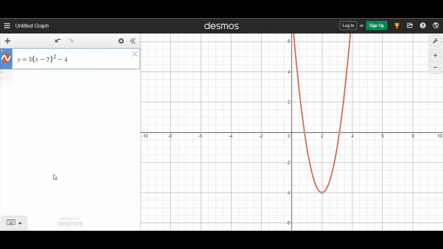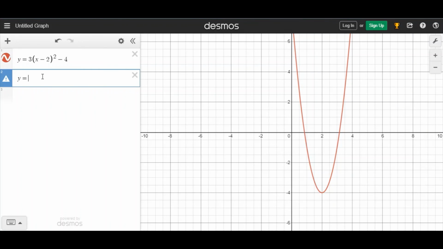So I've gone ahead and I've put in the vertex form of the quadratic that we are trying to write in standard or general form into my Desmos calculator. And you can see we talked about the vertex, and here's a vertex at 2, -4. So let's just go ahead and let's put in what we solved.